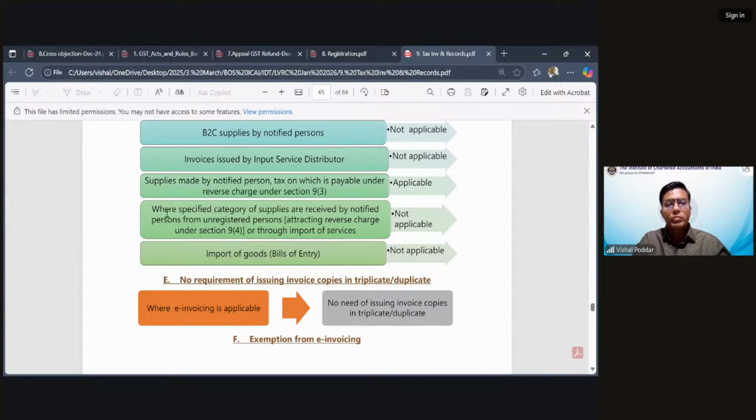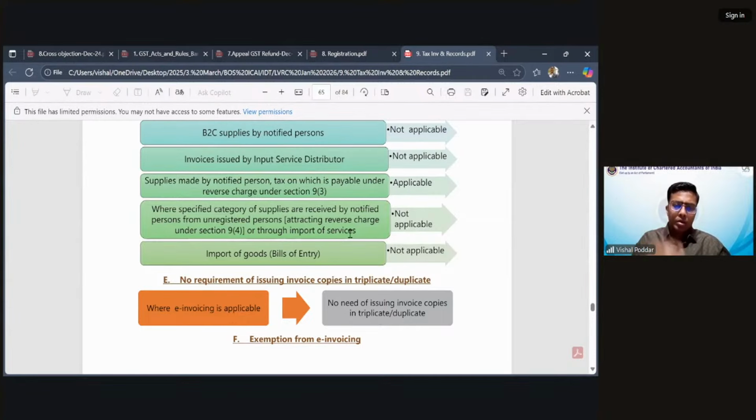Opposite, where specified category of supplies are received by notified persons from unregistered persons attracting reverse charge, or through import of service. That is, where the notified person is receiving inward supplies on which tax is payable under RCM. So where this happens, you have to generate a self-invoice. Now the question is, on a self-invoice, whether e-invoicing is applicable.